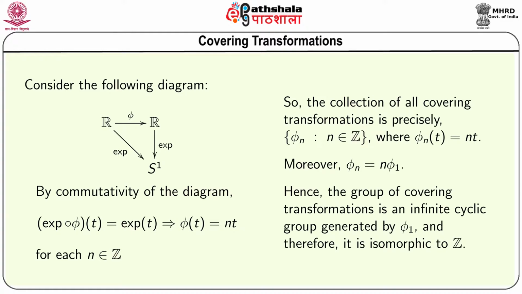That means, the collection phi n, which is forming a group as we have already observed before, is generated by a particular element phi 1, and therefore, it is an infinite cyclic group and hence isomorphic to the group of integers Z.